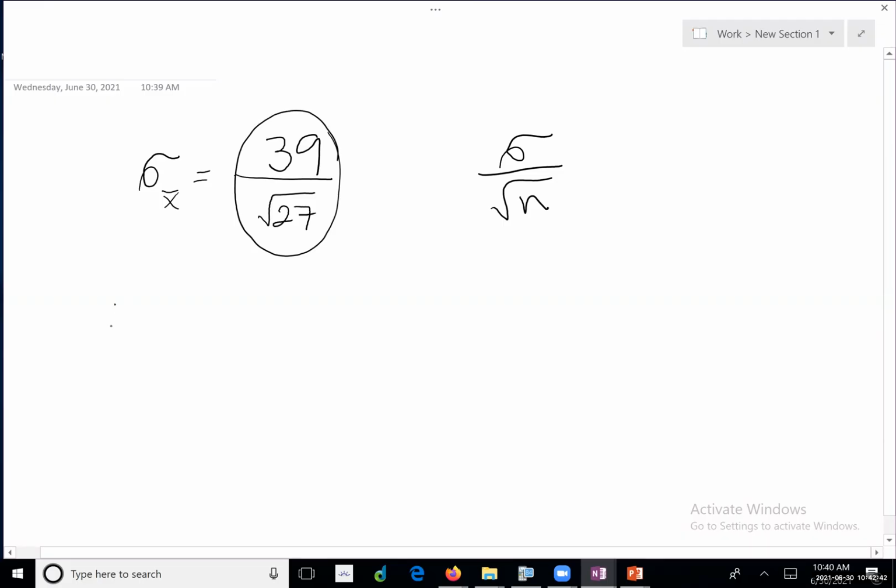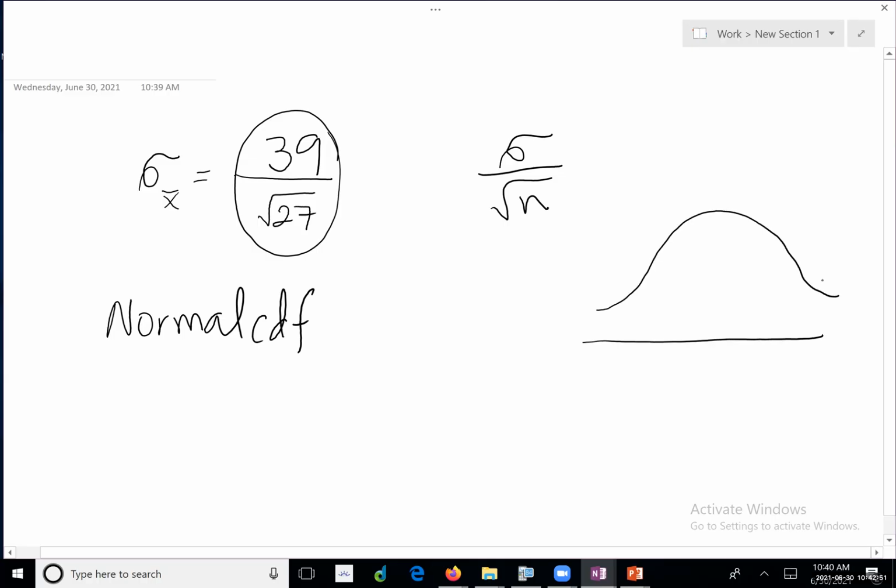So now you would say normal CDF. So here's the graph. In the middle is mu, we said. So mu, the mean of male, is 189. And then sigma of the central limit theorem, because we are picking more than one, we need to divide it by square root of n.